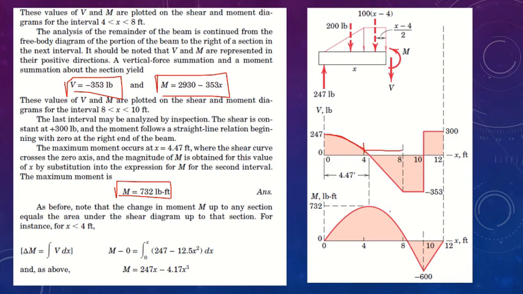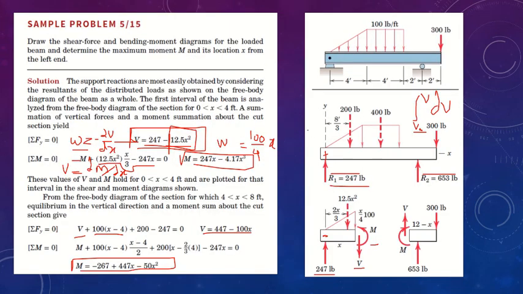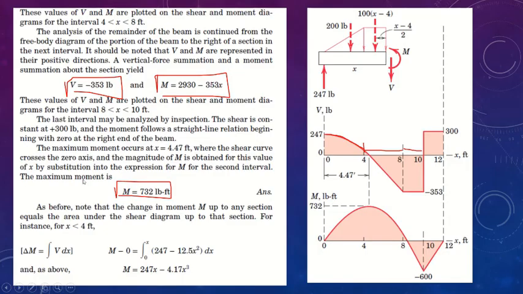So using the second equation, the equation right here, from 0 to 4, from 4 to 8, and then again from 4 to 10, if you remember it correctly, right?